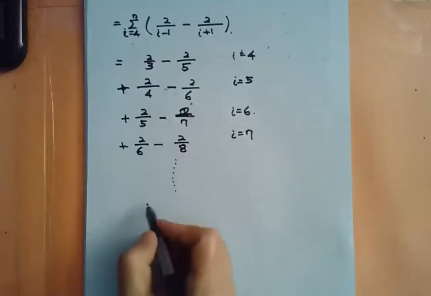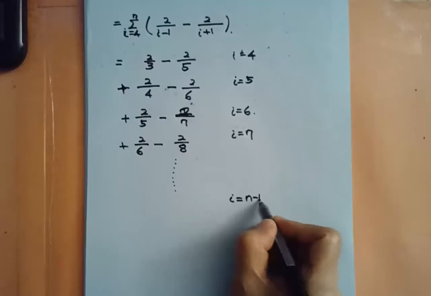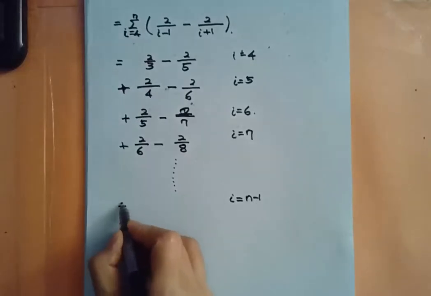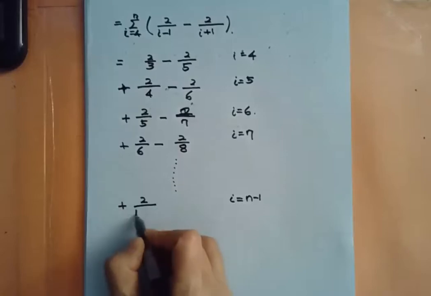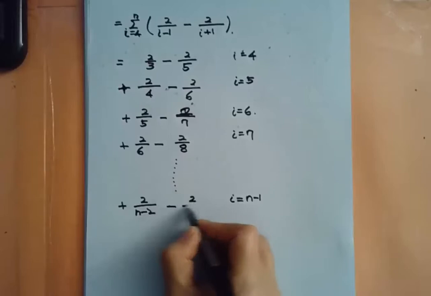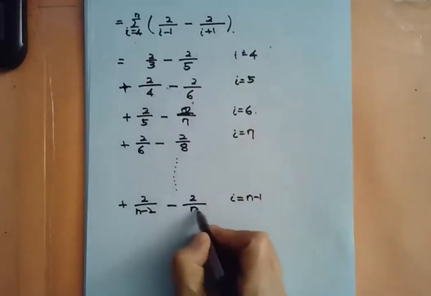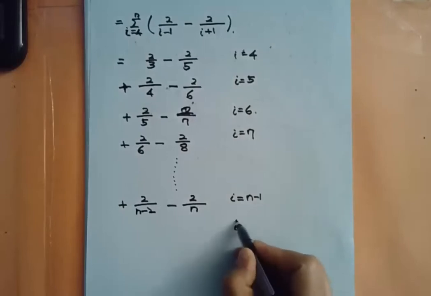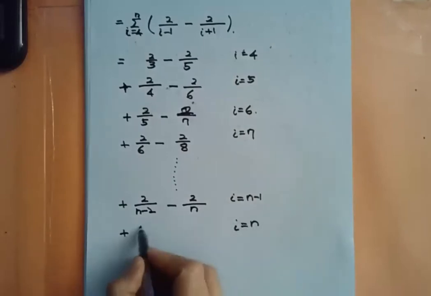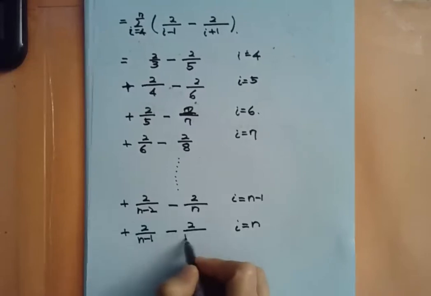And so on. When i eventually becomes n minus 1, that becomes 2 over n minus 2 minus 2 over n. And the last term is i equals n, so that is 2 over n minus 1 minus 2 over n plus 1.